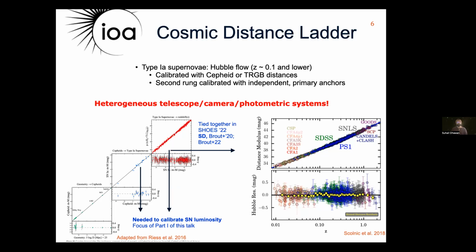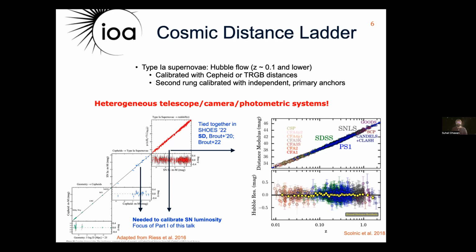It is extremely important when making these measurements that between the two contiguous rungs, things are as similar as possible, such that there are no biases between them that are being propagated. So as I mentioned about the host galaxies, we would like the host galaxy environments out here to be as similar to the host galaxy environments out here.